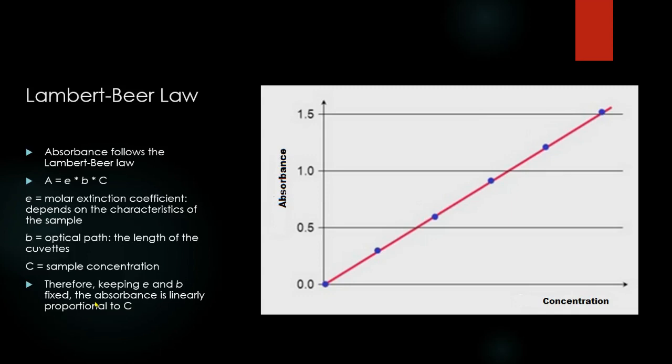When light passes through a colored sample, part of the light is absorbed. The more intense is the color of the solution, the more is the absorbance, and the more is the absorbance, the more is the concentration. So there is a linear relation between absorbance and concentration. We can put it in a linear relationship.